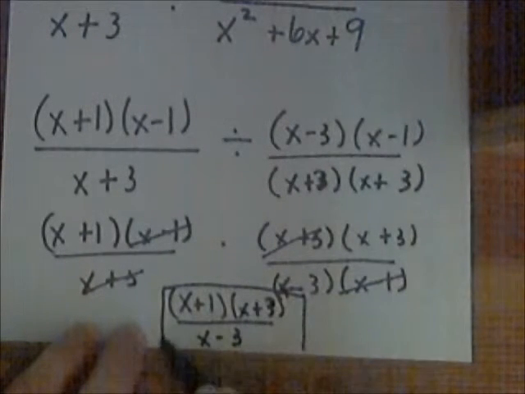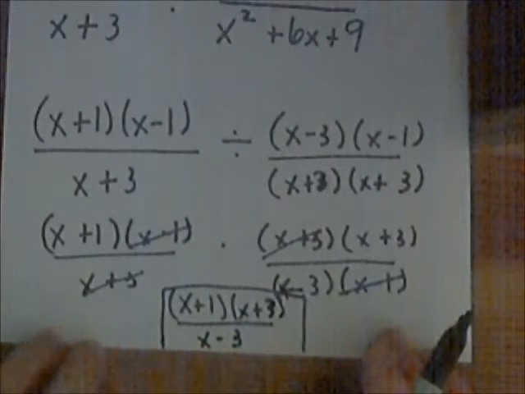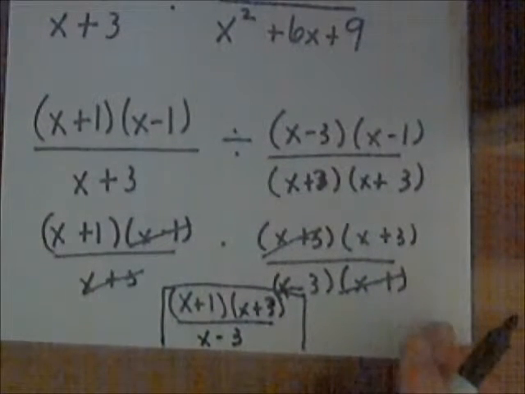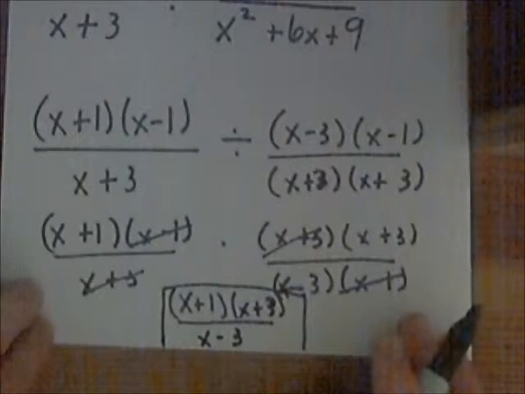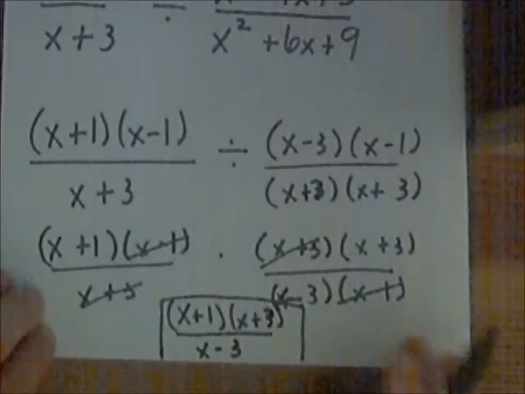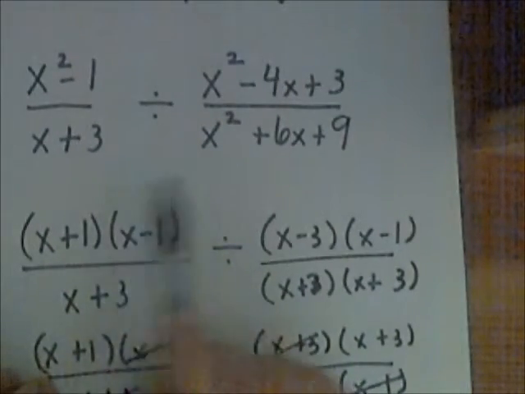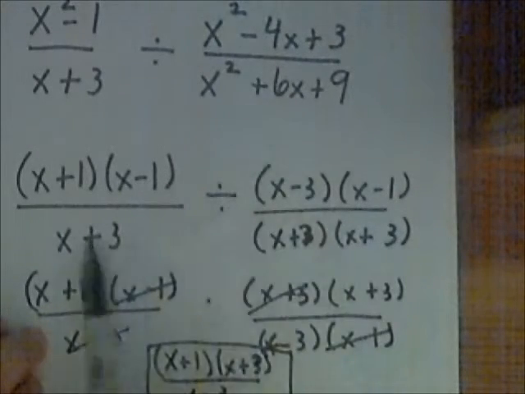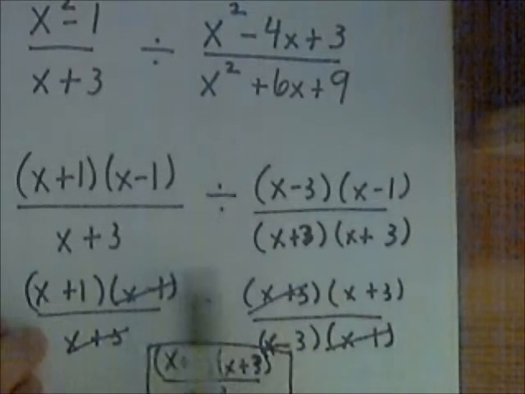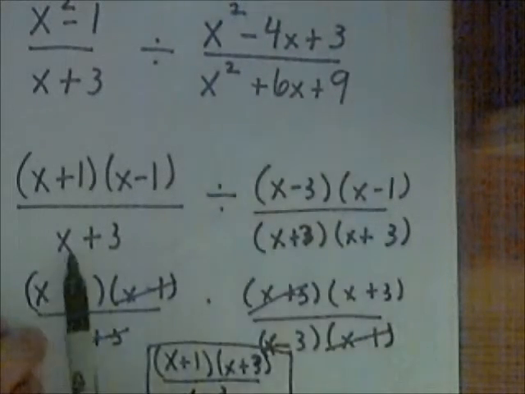Now we do like to mention our excluded values, and anything that was ever a denominator cannot be 0. That is before you flip and after you flip. If we look back, what would be our excluded values here? Well, looking at the original problem a lot of times doesn't help, but when you factor, you can see what makes zeros along the bottom.